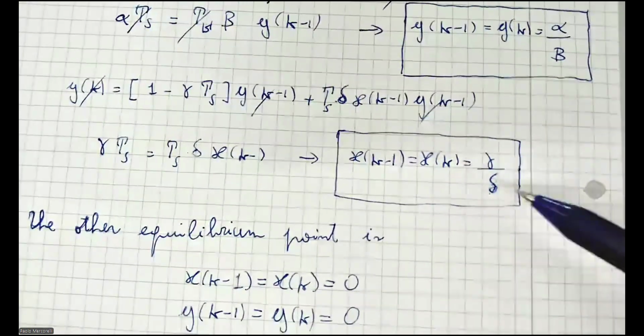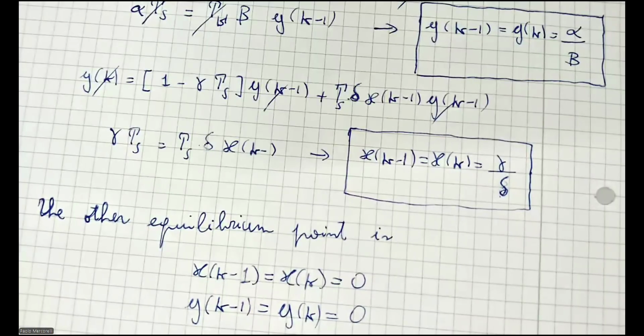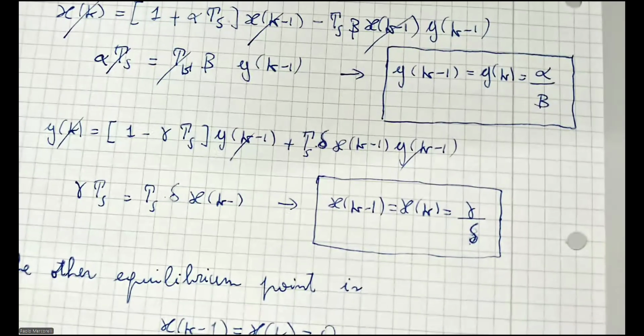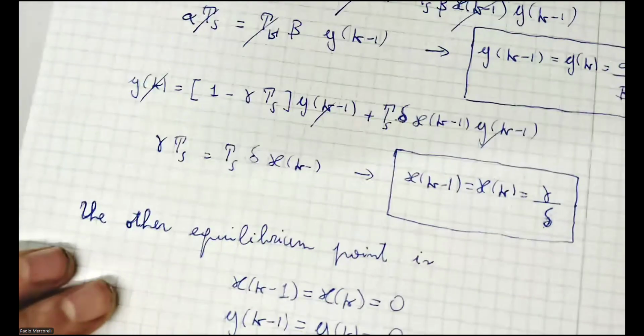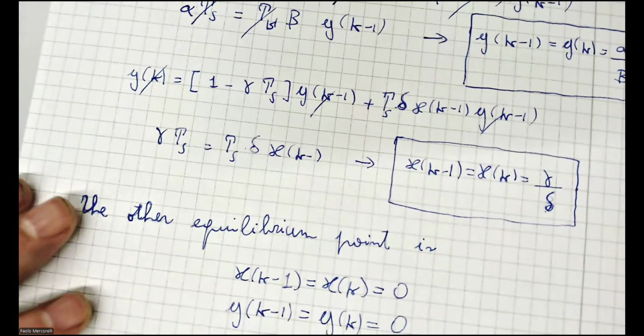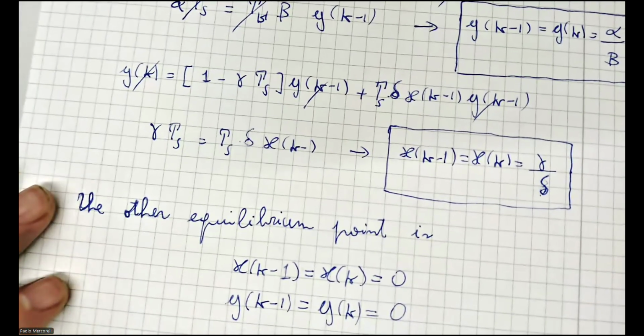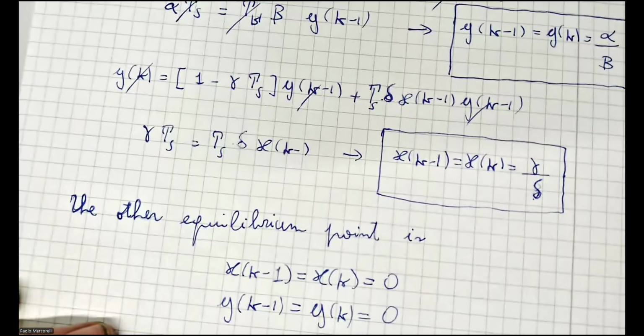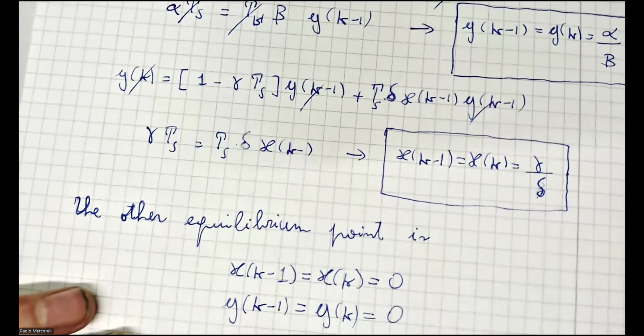We can see that the equilibrium points depend on these parameters. This is also another reason to identify these parameters correctly, or more precisely, because the equilibrium points are extremely important in control. To control a system around an equilibrium point is easier than to control the system far away from this equilibrium point.